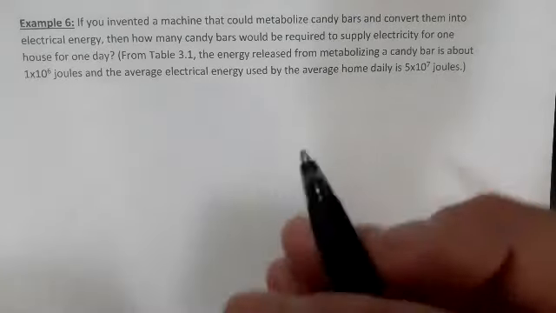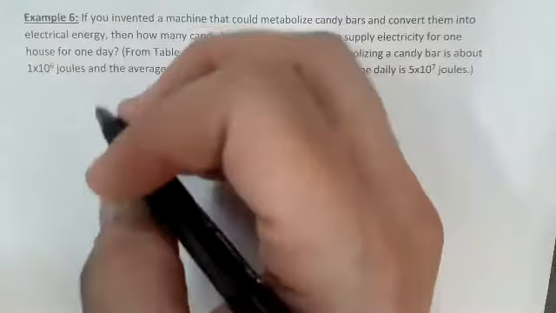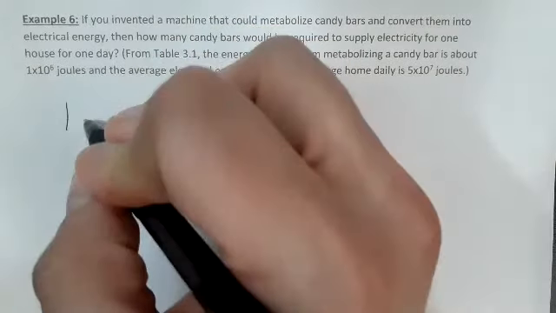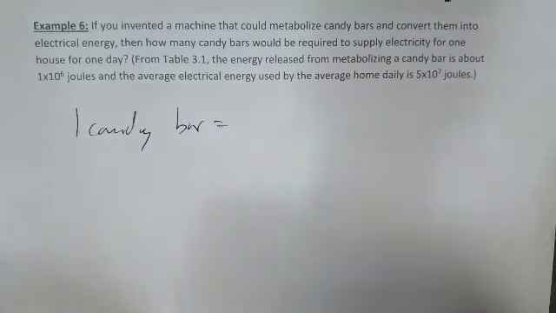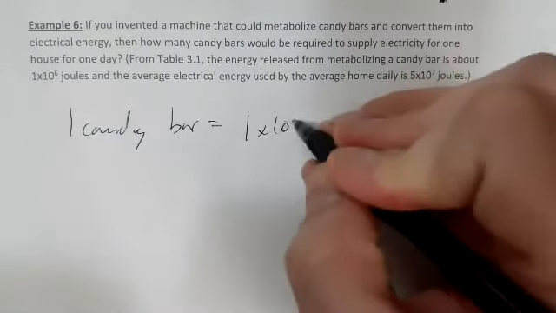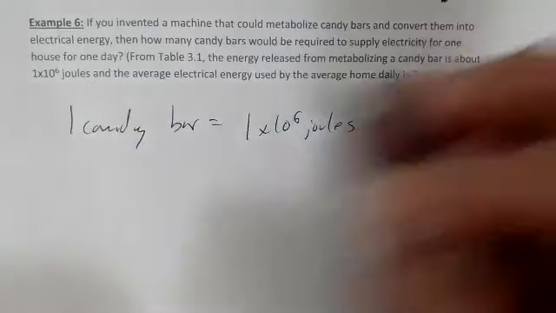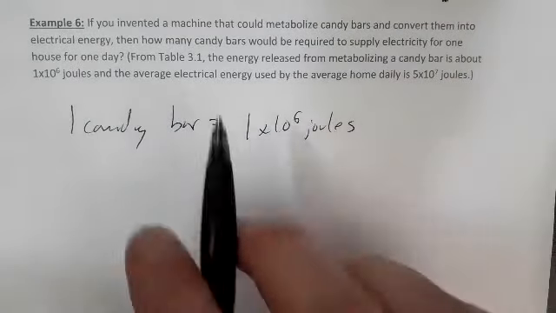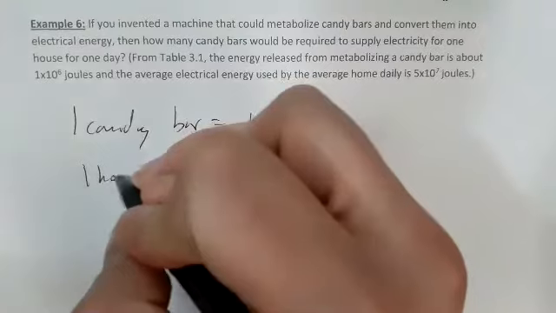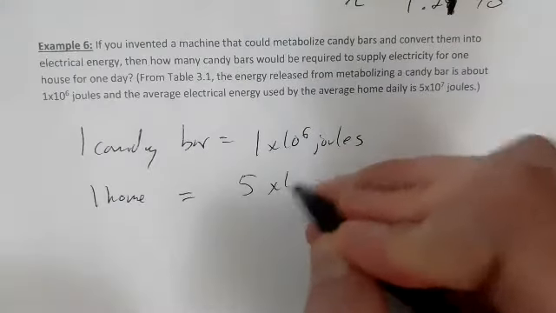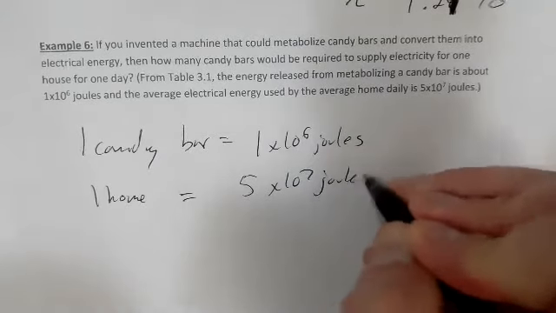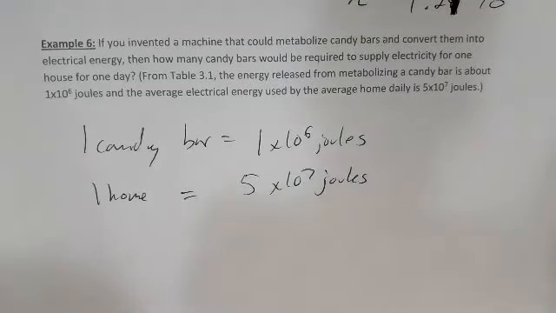I want to step back and do this more from a unit analysis approach. If one candy bar is to y joules, you can probably figure this out without doing unit analysis, and if you can, fair enough.